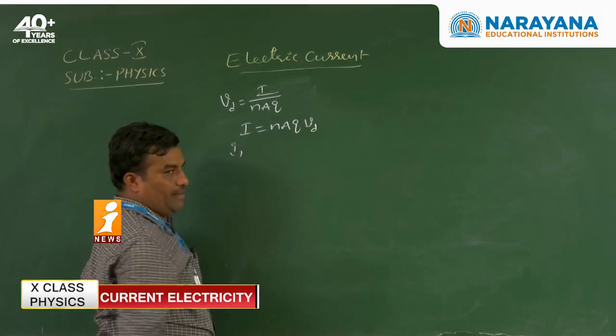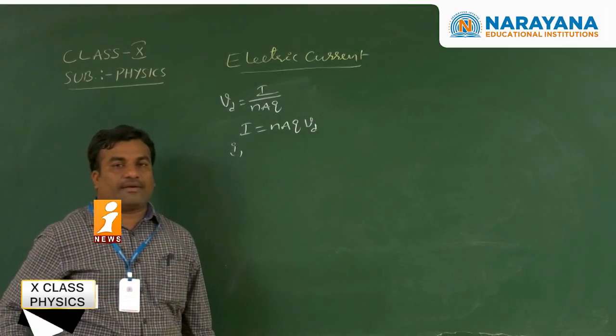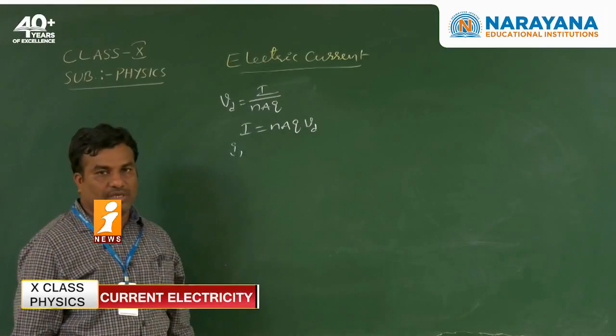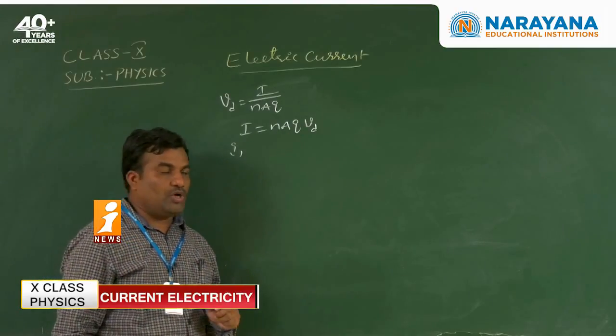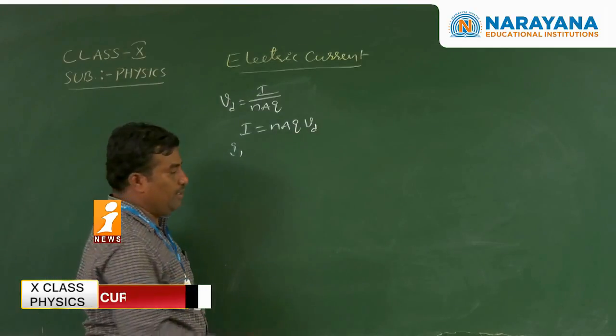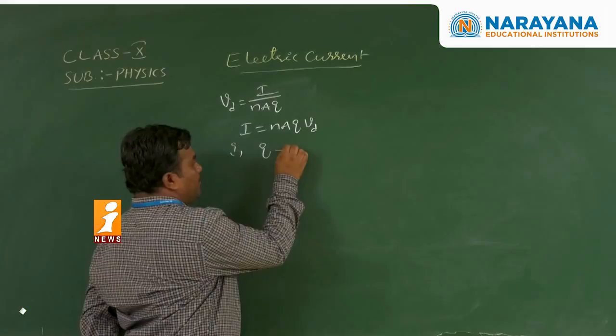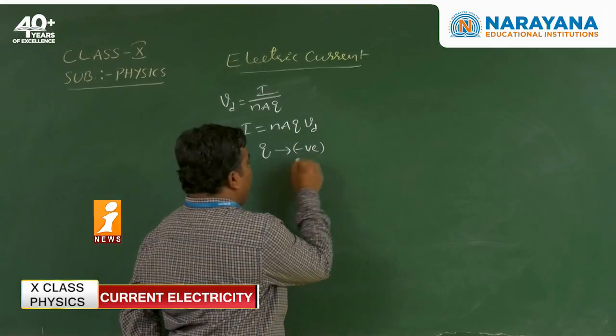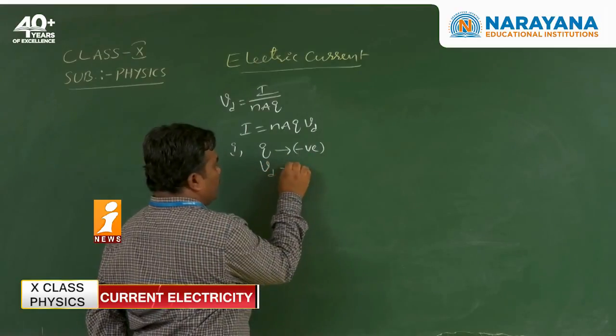Here N is the electron density of the given wire, and A is the area of cross section. These two are always positive. Now we decide the signs for charge and drift speed. The charge is negative and the drift speed is positive.